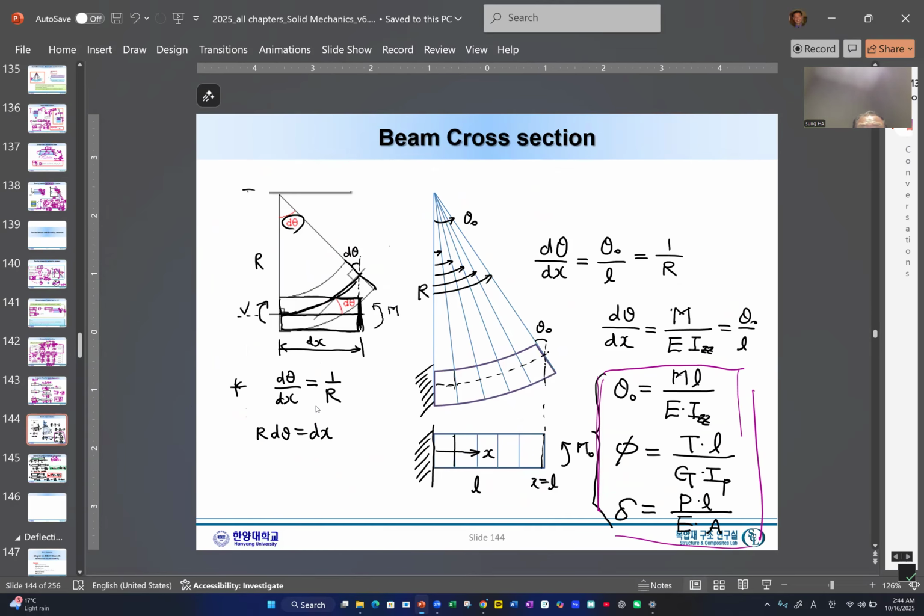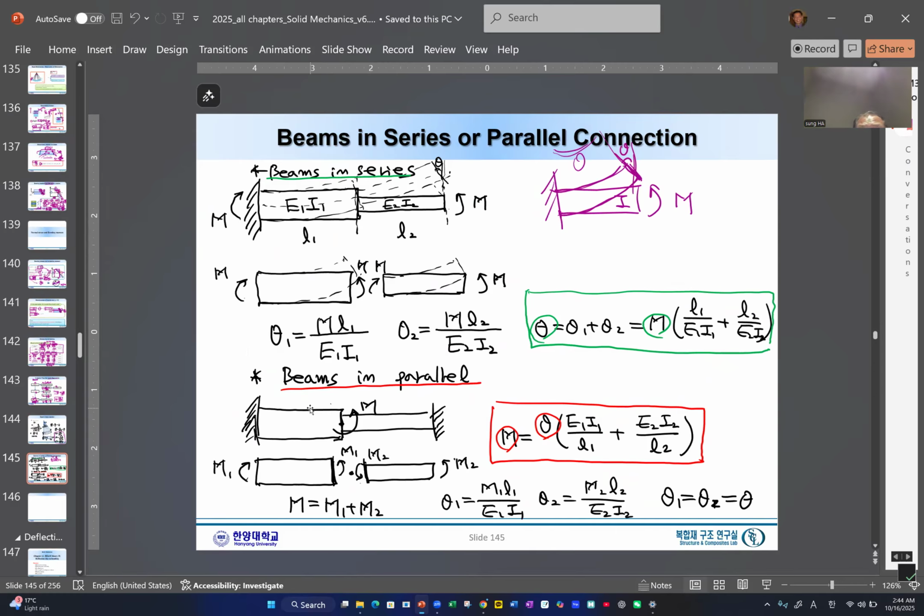Okay. So, now, again, this is an important case where we consider the beam stresses. Very simple case, but very important. Say we have two beams.